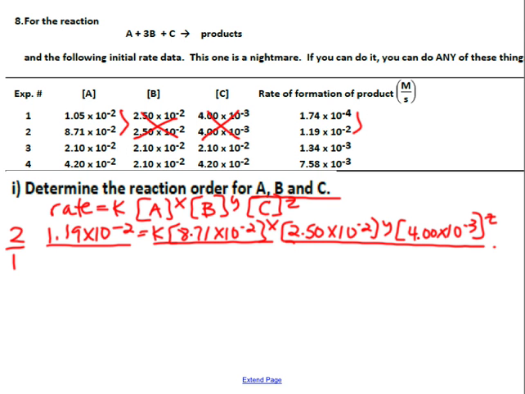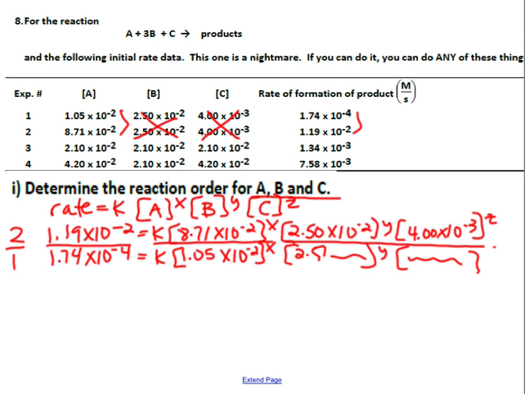All of that over experiment 1, which is 1.74 times 10 to the negative 4th, is equal to k times 1.05 times 10 to the negative 2nd times, and these are the same, right? We're canceling them out, so it doesn't matter because they're the same. So these are all going to cancel, right? And our k is going to cancel.